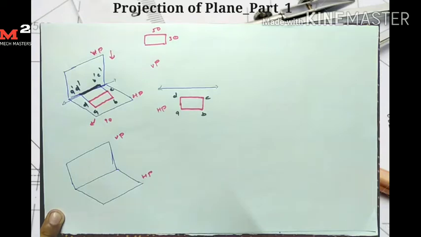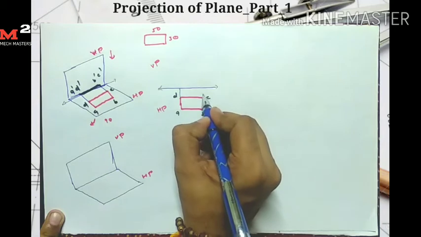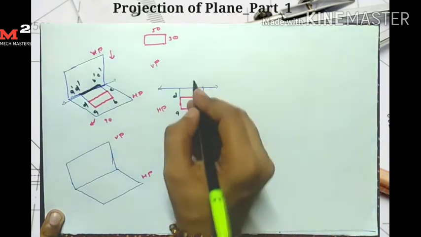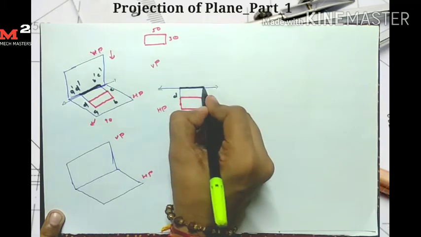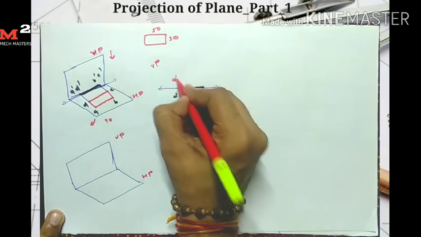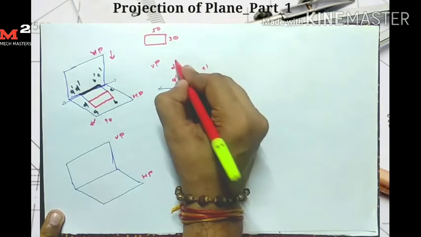So in orthographic projection I simply take projection from here to draw its front view. Here I get my front view for this plane ABCD, named A dash, B dash, C dash and D dash.